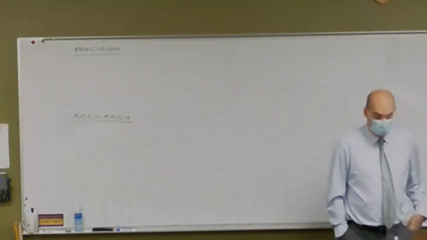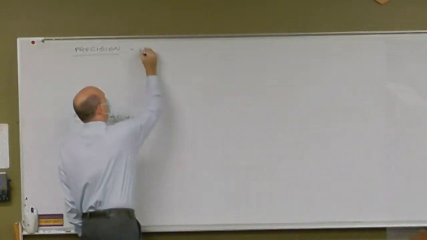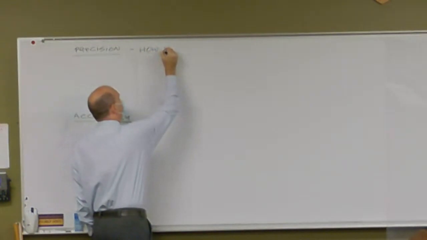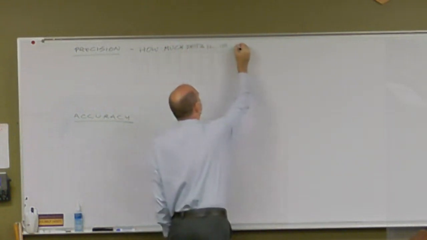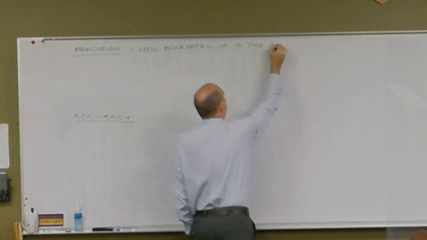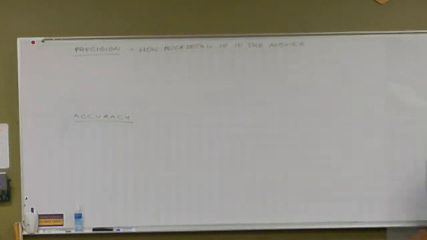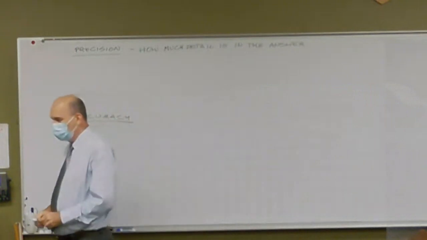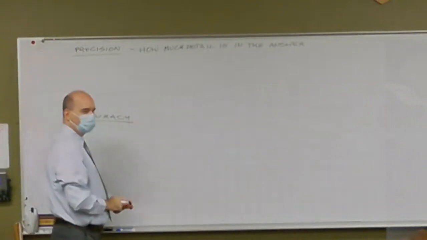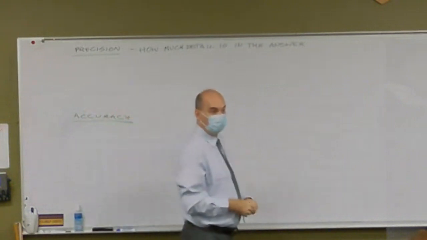You improve the precision. Precision tells you how much detail is in your answer. When you look at data sets, another way of thinking about precision is how much agreement you have within your own numbers.